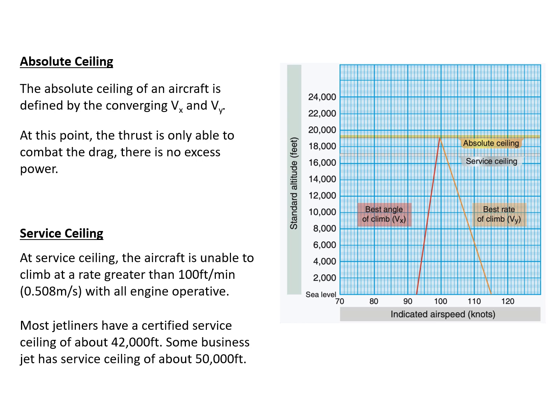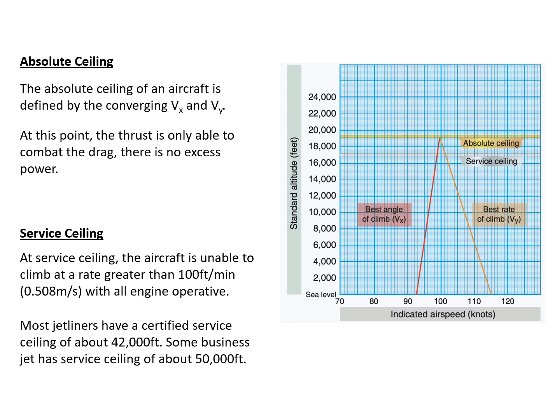And for real flights, we also certify the surface ceiling. At the surface ceiling, the aircraft is unable to climb at a rate greater than 100 feet per minute. That's equivalent to about 0.505 meters per second. With all engines operative, the surface ceiling is slightly lower than the absolute ceiling, to give the aircraft some safety margin.